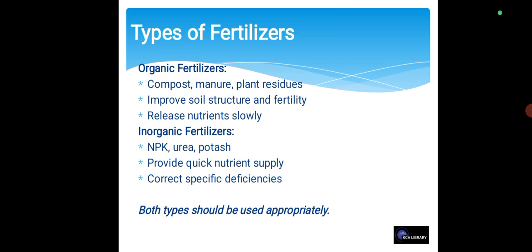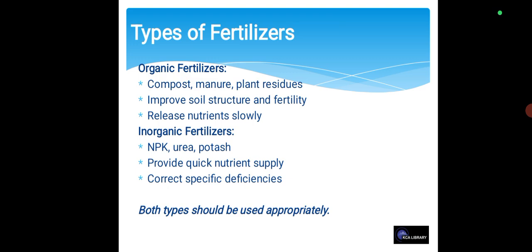So examples include compost, animal manure. When we say animal manure, I'm referring to either cow dung, poultry droppings, and so forth. Then you talk about plant residues.